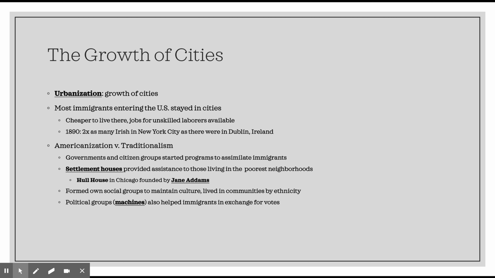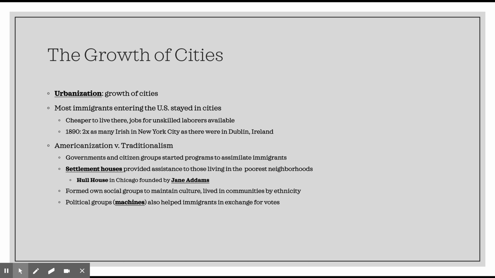For example, one famous place was Hull House in Chicago, founded by a woman named Jane Addams. They would provide daycare, classes in English and home economics skills, and medical care. Many of these people had never even seen a doctor and certainly couldn't afford one, right?